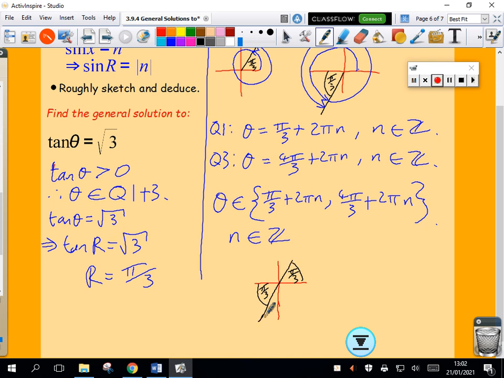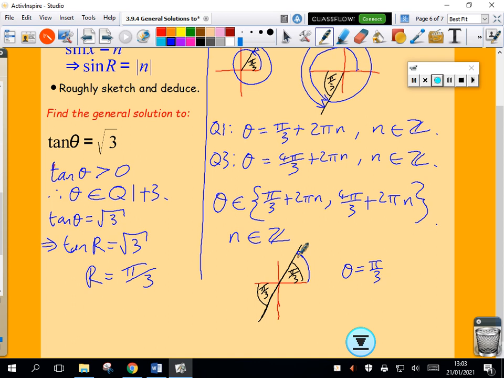That means this thing here is a straight line, so I go up to my first solution here, which is pi over 3, so I could write this as theta is equal to pi over 3.